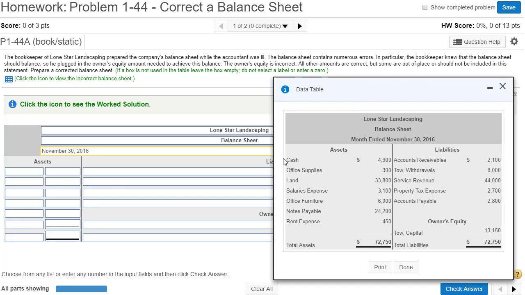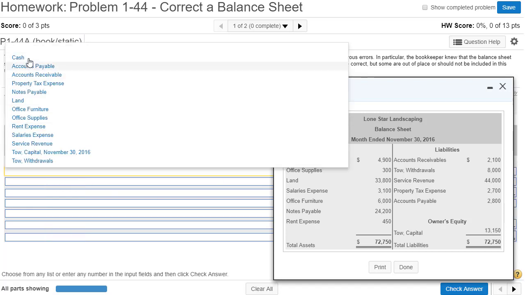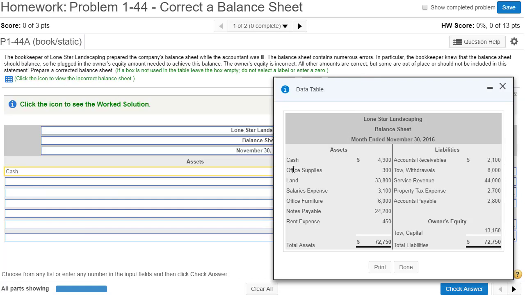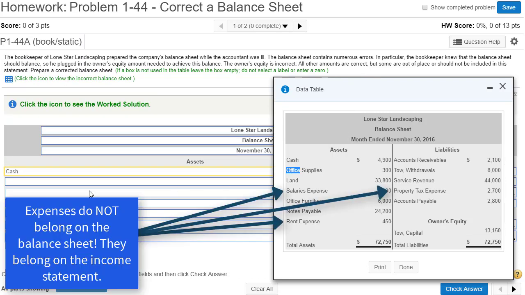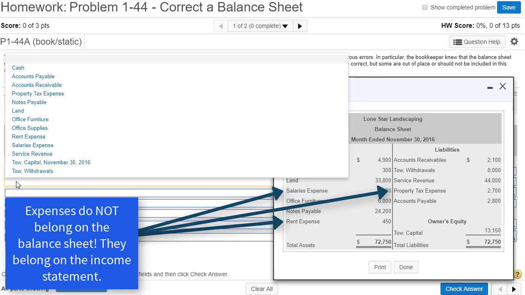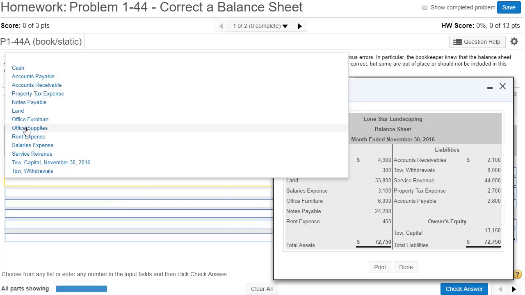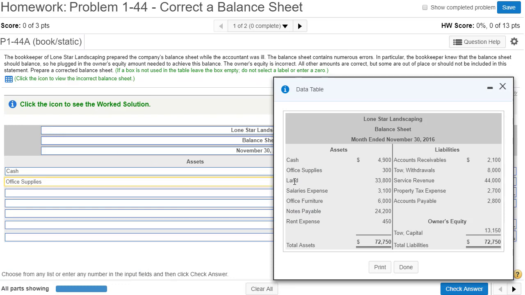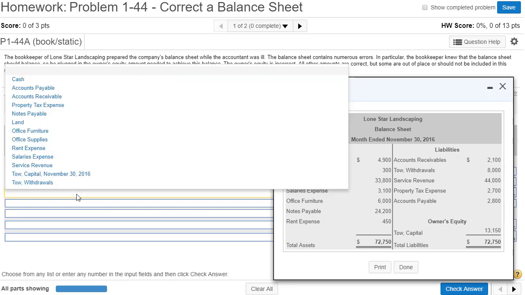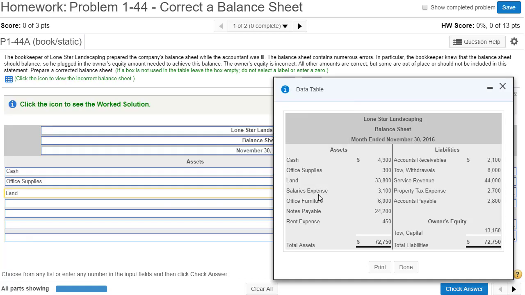Now let's work on the assets. So we're just going to go through one line at a time, and see which of these are assets. So cash, that is an asset. I'll put in the numbers later so we don't have this flipping around going on so much. Office supplies is an asset. Land is an asset. Salary is an expense. It does not even belong on the balance sheet.